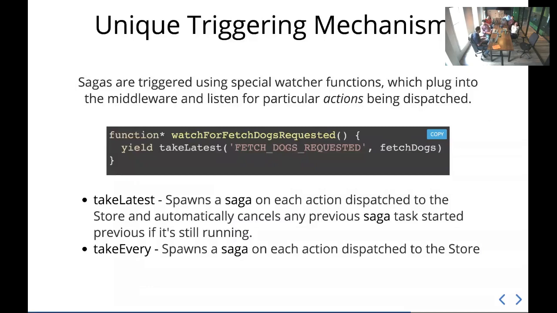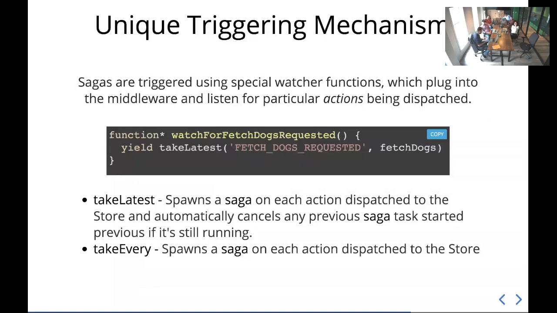Because Sagas, as I said, are almost like a different thread of their own. These generators stay online and keep working parallel to the process of your main app. So you want to make sure there's a way for these Sagas to stop being run. Otherwise, they can swallow up more resources of your system.